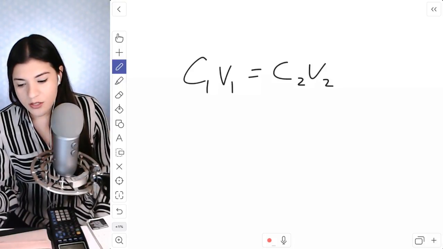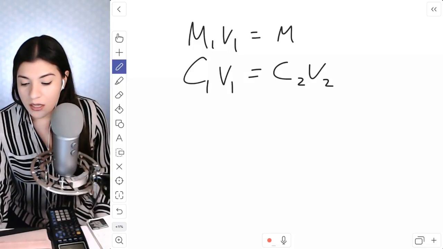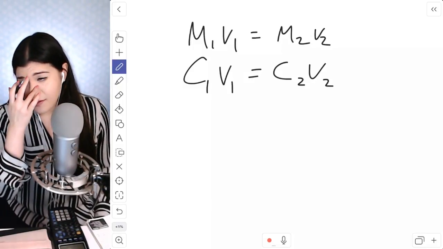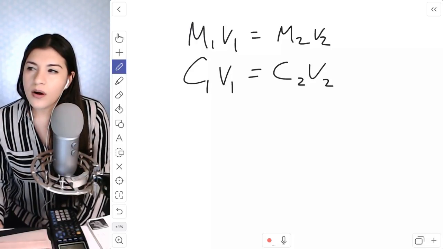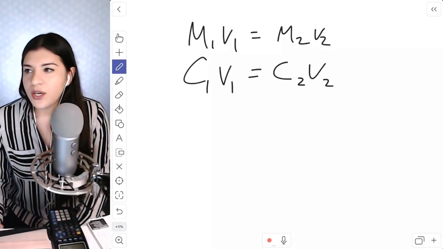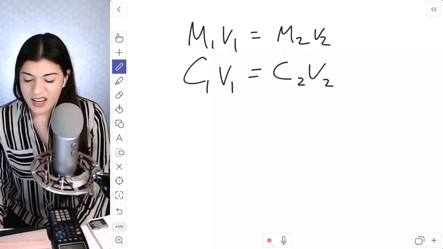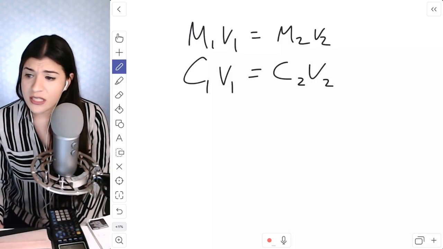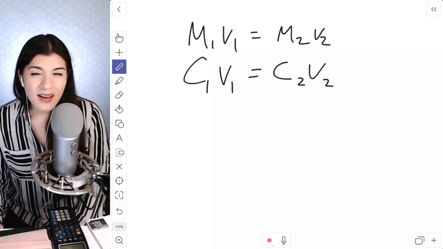You could have seen it with C meaning concentration, or as molarity. There are two different formulas, but they mean the exact same thing, where C and M are the same. Now, you can see if it would have given you the same answer. However, that's not typically what you would do for these types of questions. I'm actually shocked that he even did that, because it wouldn't be correct.